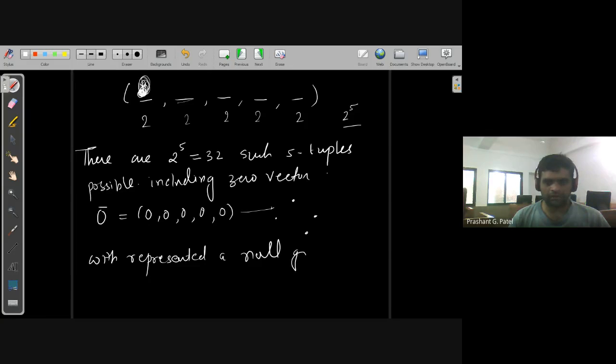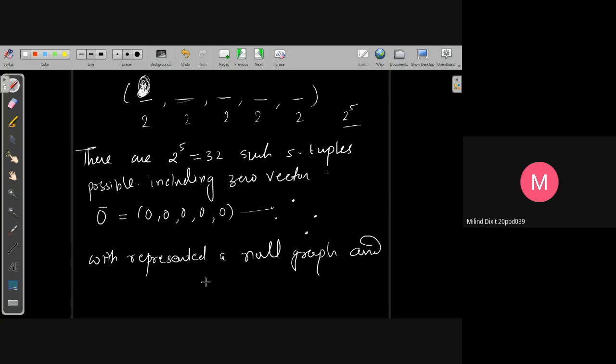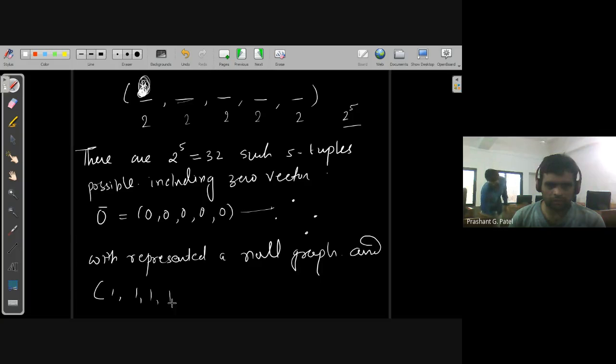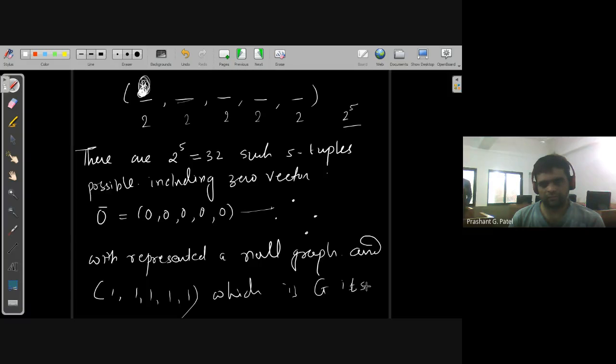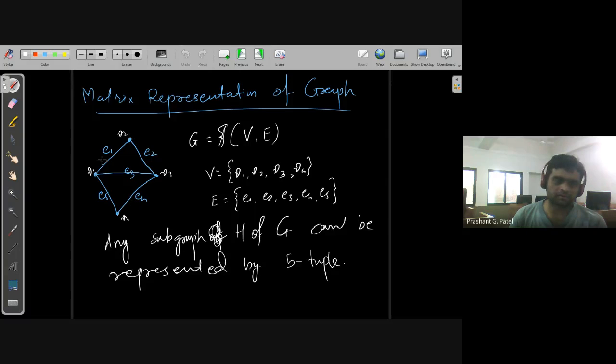And what will be the graph 1, 1, 1, 1, 1? It is G itself, because we started with G. If all the edges are there, that is 1, 1, 1, 1, 1, then the graph G is there.